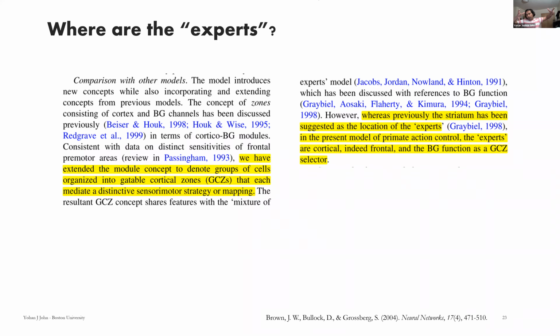And those strategies are broad, and within them you can have competition inside cortex. But the difference, which is useful because this relates to this ongoing debate, is whereas previously the striatum has been suggested as the location of the experts in mixture of expert type models, in the present model of primate action control, the experts are cortical, indeed frontal, and the PG function is GCZ selector.